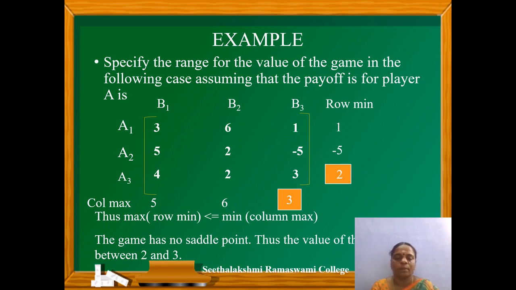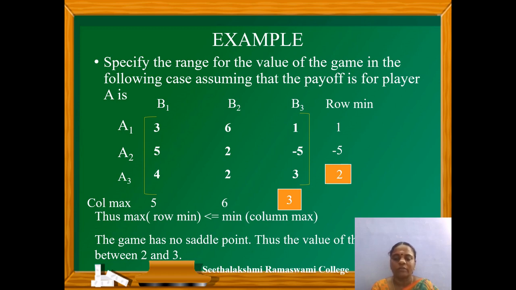Next we see another example. Specify the range for the value of the game in the following case, assuming that the payoff is for player A. In the first row, the minimum value is 1. In the second row, the minimum value is -5. In the third row, the minimum value is 2. In the first column, the maximum value is 5. Second column, maximum value is 6.